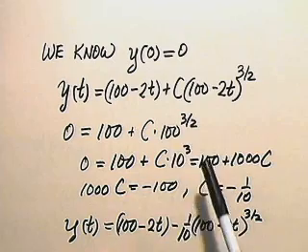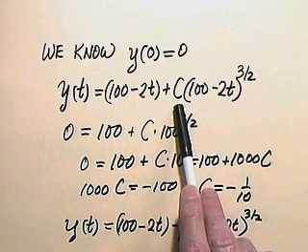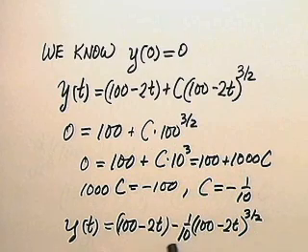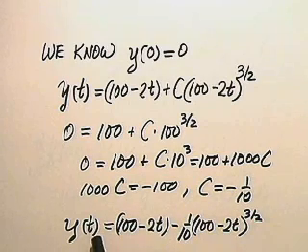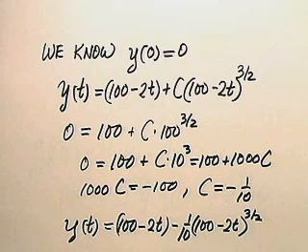And so we replace the c, this general constant of integration, in our general solution by negative 1/10, and there we have the amount of fertilizer in the tank at any time t. y of t equals 100 minus 2t minus 1/10 times the quantity 100 minus 2t, all raised to the 3/2 power. Now, we didn't just want to know what came into the tank at time t for any time t.